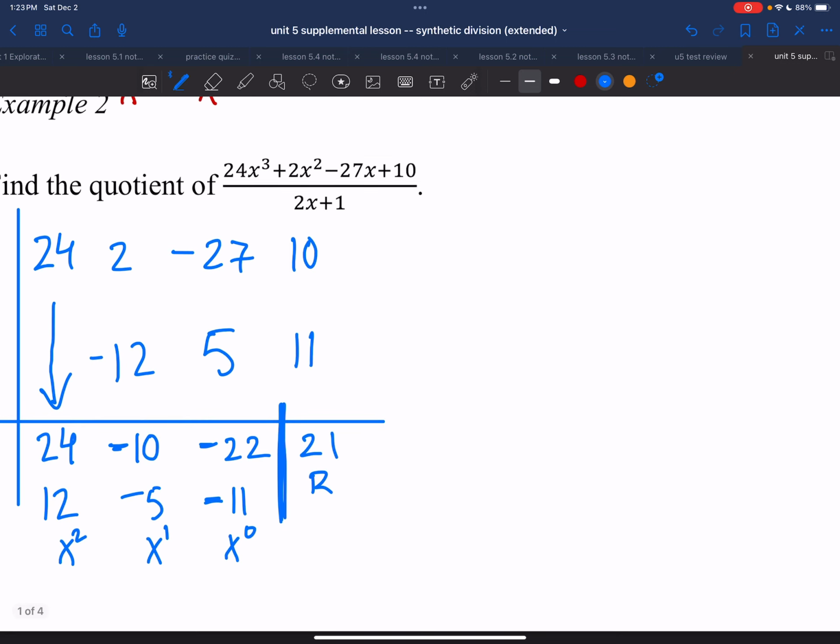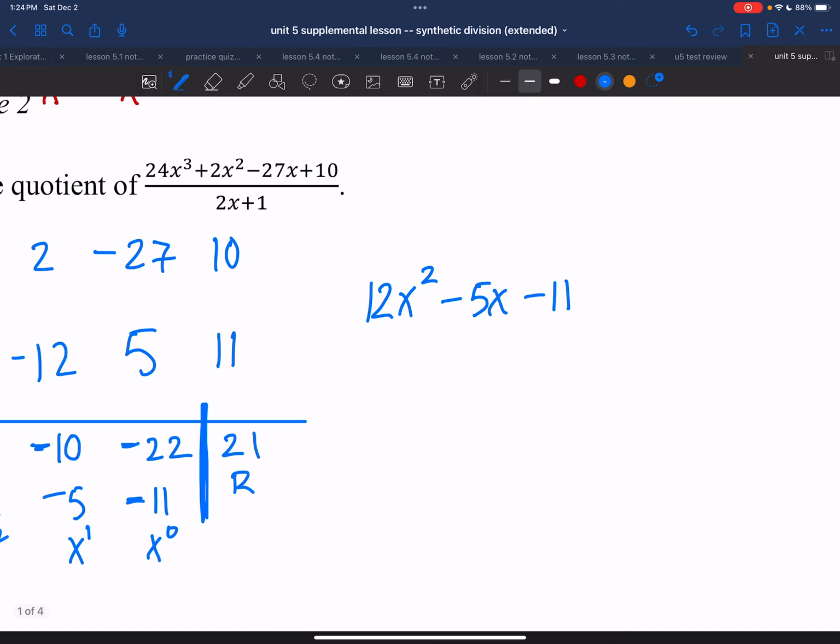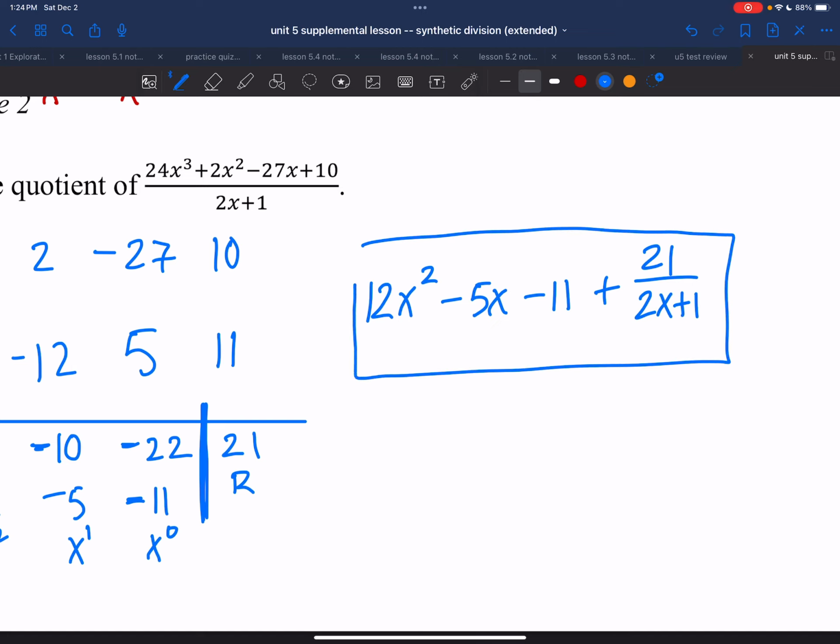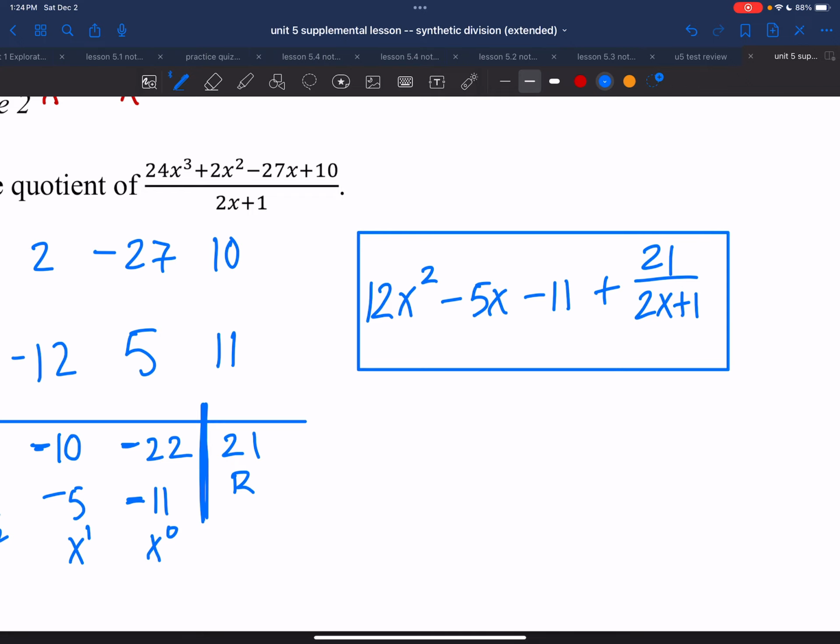So the quotient of this expression is 12x squared minus 5x minus 11. The remainder is 21. You do not cut that in half. Plus 21 over the thing you were dividing by, which is 2x plus 1. And there you have it.